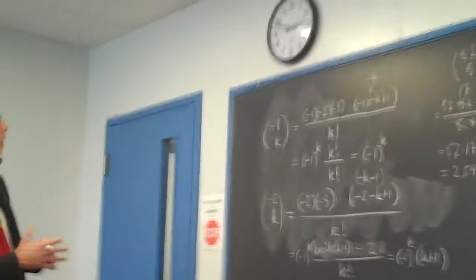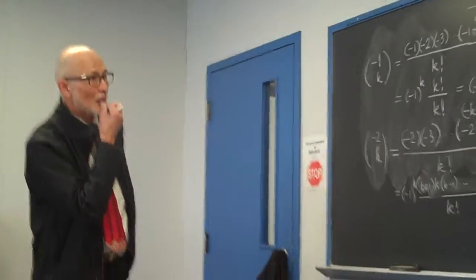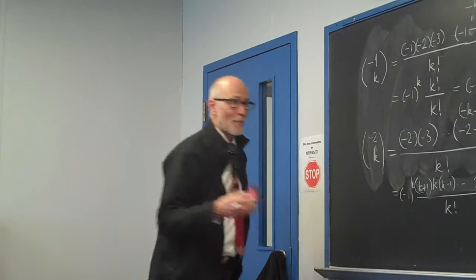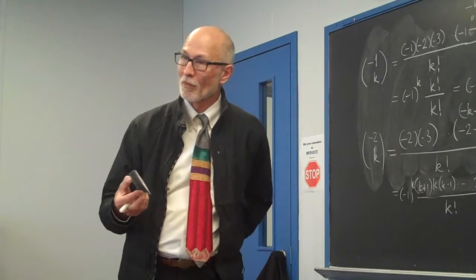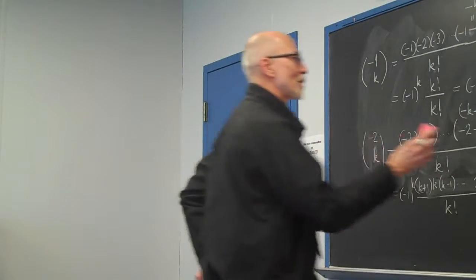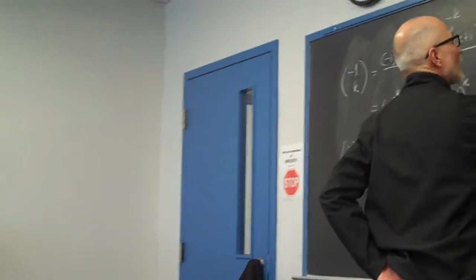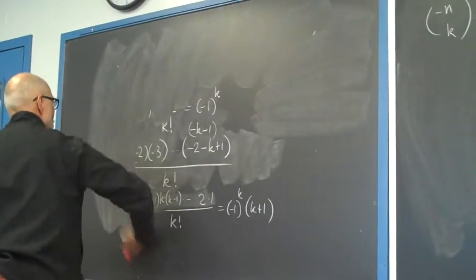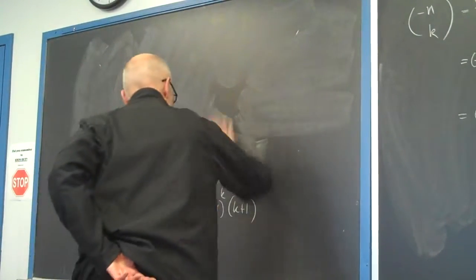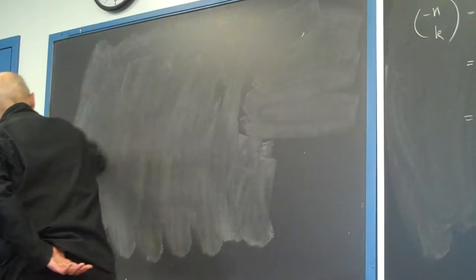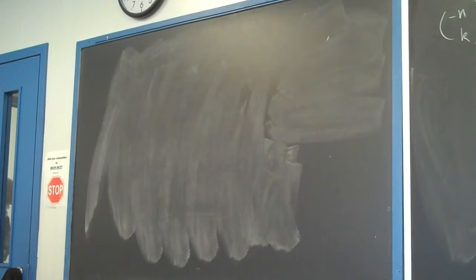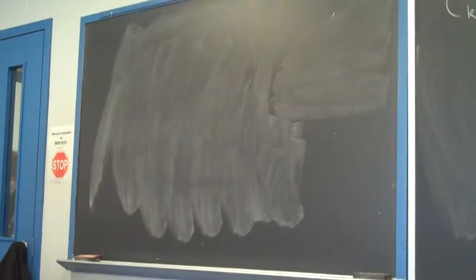Now, I talked about this being about choosing things. So let me show you, in fact, that these numbers are about choosing things. So I'm going to make another binomial, or another set of choices.